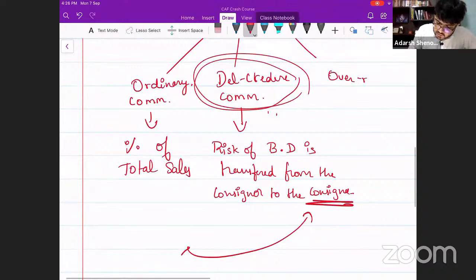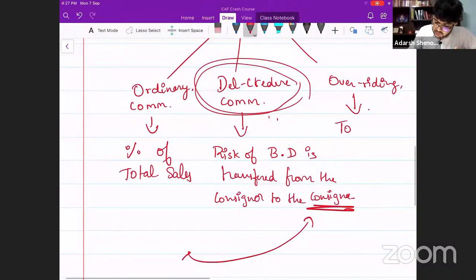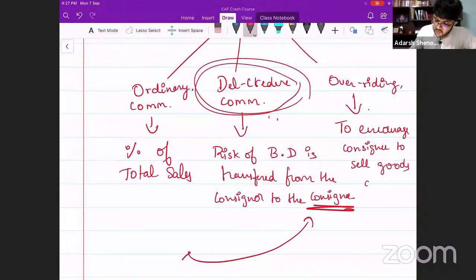I will discuss all this tomorrow again with examples, with some numbers. The third type is overriding commission. Why is overriding commission paid? To encourage the consignee to sell goods at a higher price.